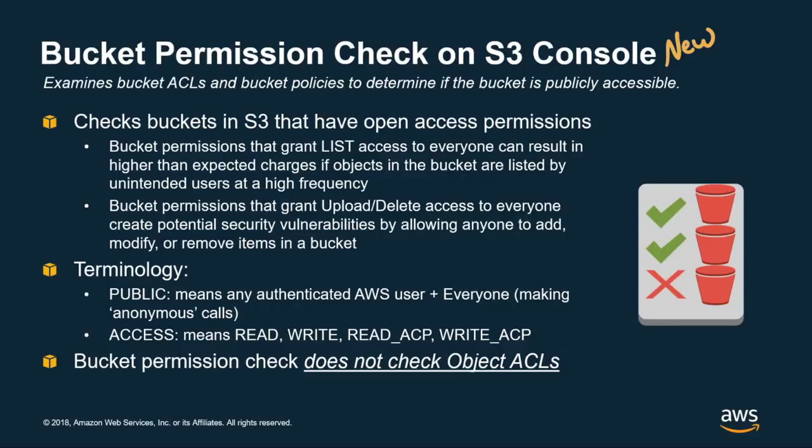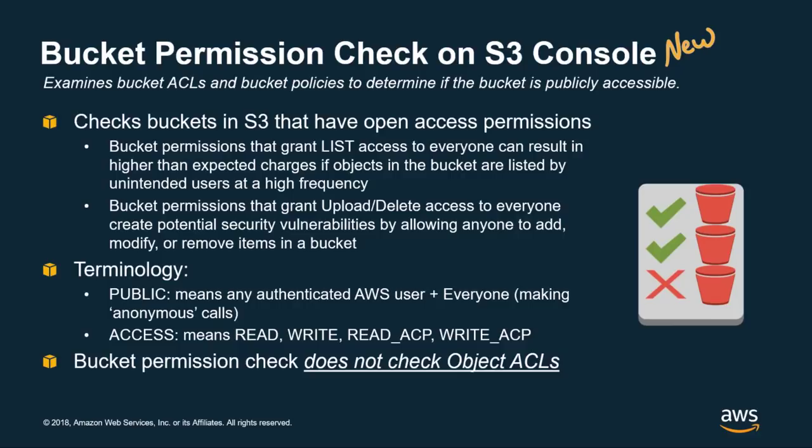So the key terminology to be aware of when using bucket permissioning checks is that public means any authenticated AWS user plus everyone, which is someone that could be making anonymous calls, can have access to either list, upload, or delete. And access itself means read, write, or read or write access control policies.